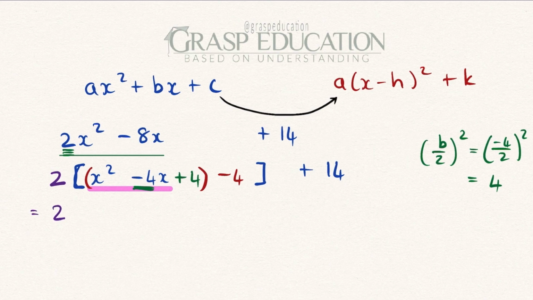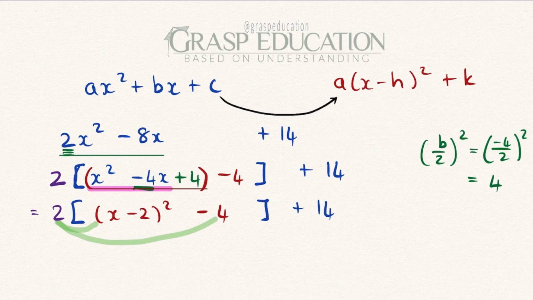So I will have 2 with the blue bracket here, and the red bracket will become (x minus 2) squared. If I factor it, it'll be (x minus 2)(x minus 2), and I have a negative 4 on the end. Outside the bracket, I still have plus 14. What I need to do now is bring in the 2 here and multiply it to every term in the bracket.